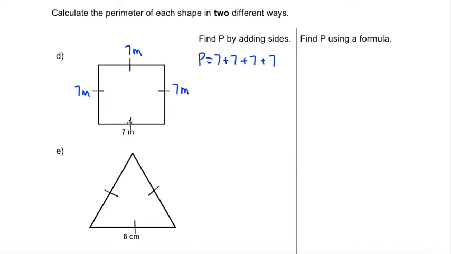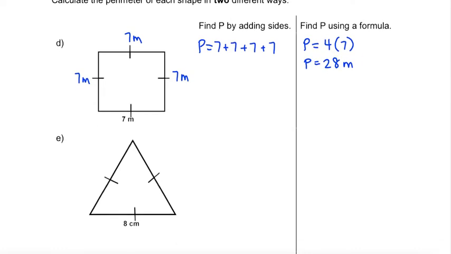Or because this is a square, I could use the perimeter formula for a square. Because all of my sides are the same and a square has 4 sides, I can do 4 times 7, which gives me 28, and my units are meters. So either way would give you the same answer. So just whatever method works best for you. You might find that using the formulas could be more efficient in the long run.